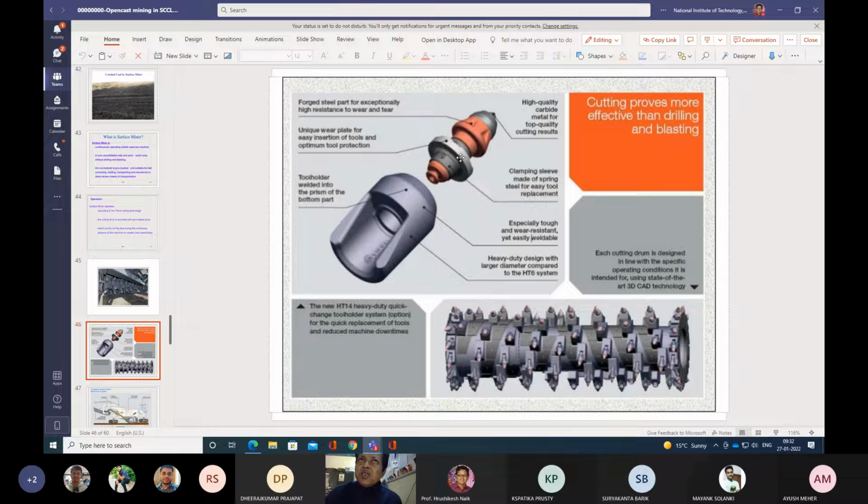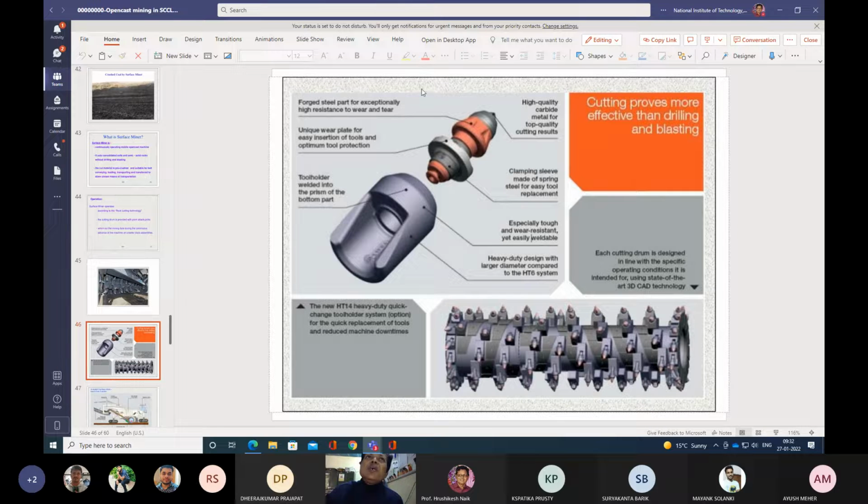Then this cutting tool is attached to this element, especially tough and wear resistant, yet easily weldable material. This is the attachment through which the cutting tool is inserted. This is a heavy duty design with larger diameter compared to the HT6 system.